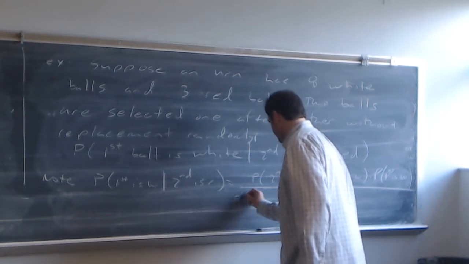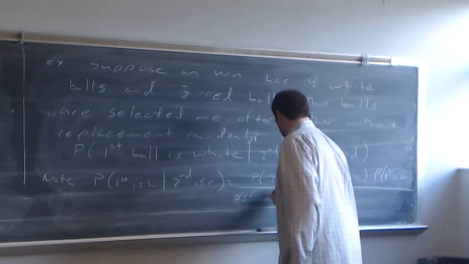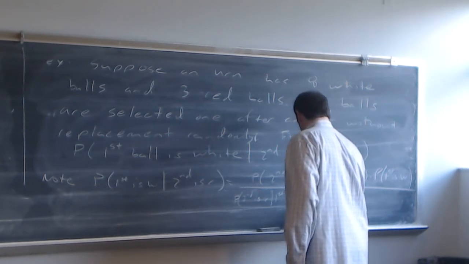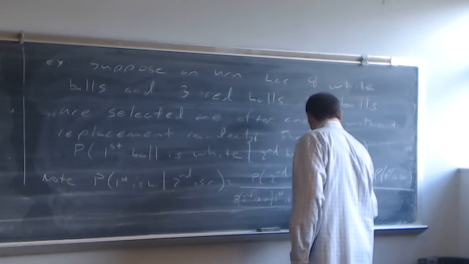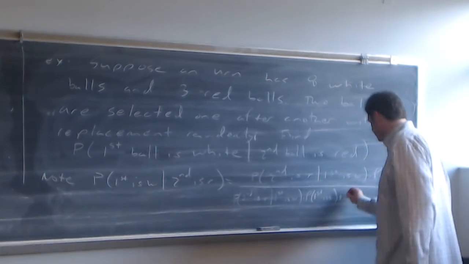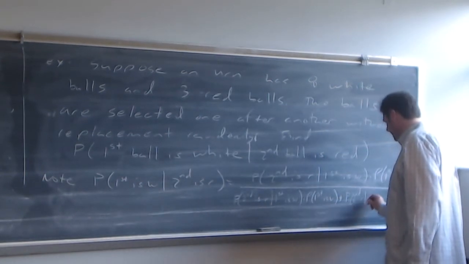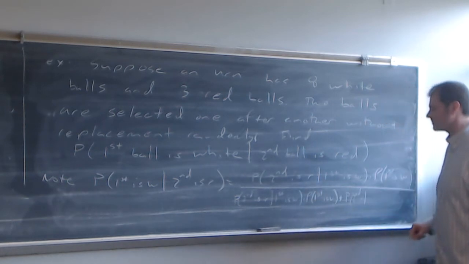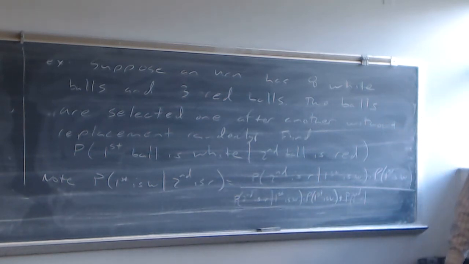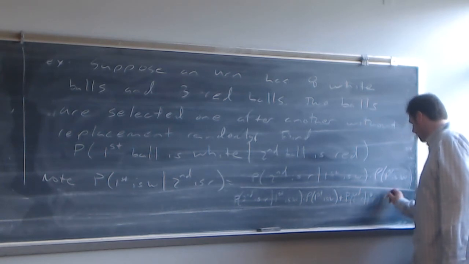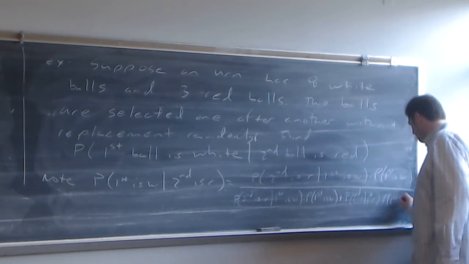The probability that second is red, given first is white, times the probability that the first is white, plus, now it's the probability the second is red, given, and now it's supposed to be the opposite of the first is white. So the opposite of the first is white is the first is red, times the probability the first is red.